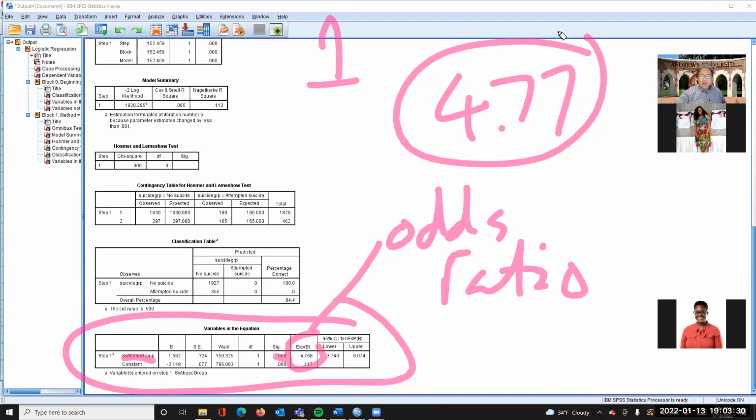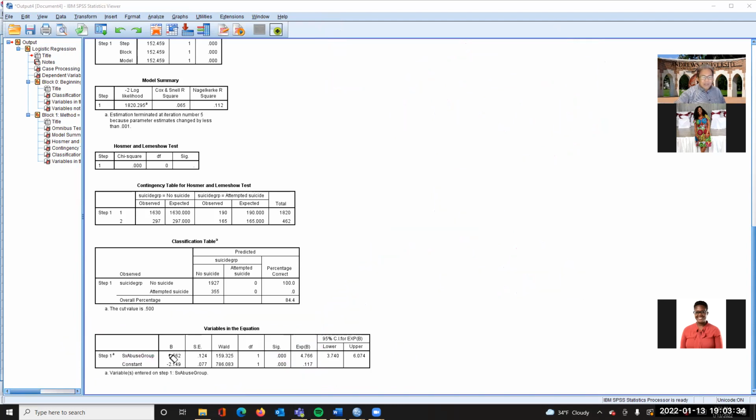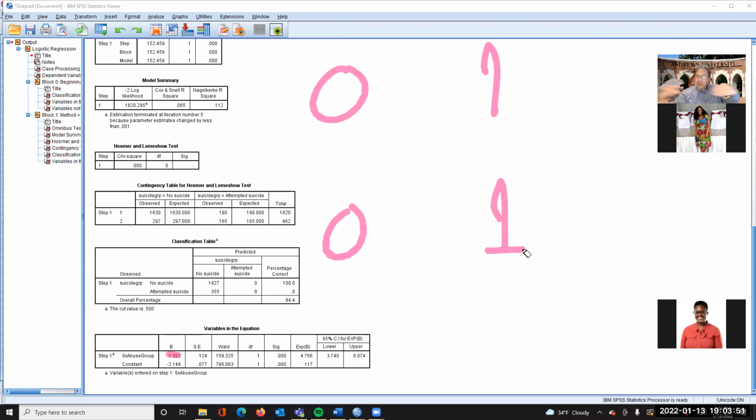So how do we know that? If you look at this, that's a positive, right? That's positive weights. So remember, it is zeros and ones. The regression weights tell you that there is a positive relationship.